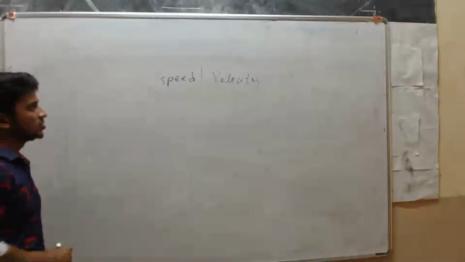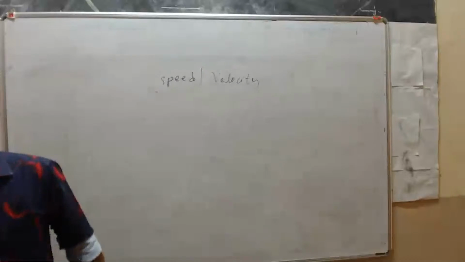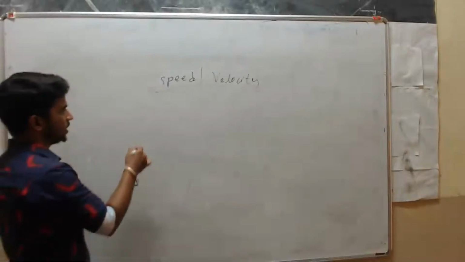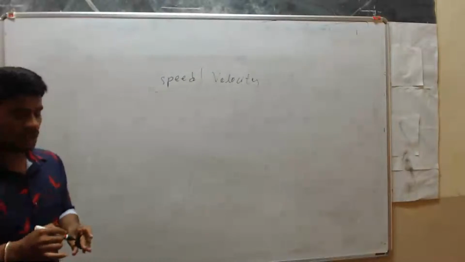Then second one, speed is an example for scalar quantity, and velocity is an example for vector quantity. Okay, and formula: speed equals distance by time and velocity equals displacement by time. Okay, yes sir. So now I will write one question.